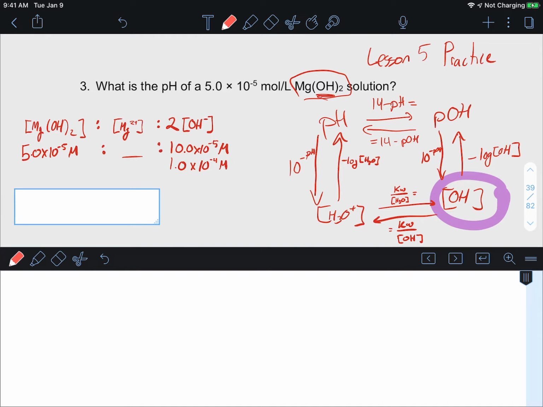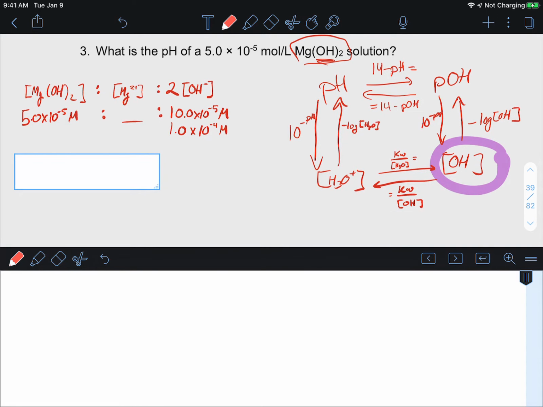All right, so now I have my OH concentration. I like working in pOH, honestly. I don't really like the Kw equation. I think it's a little clunky to work with because it's so easy to input it incorrectly in your calculator. So let's just go straight to a pOH.